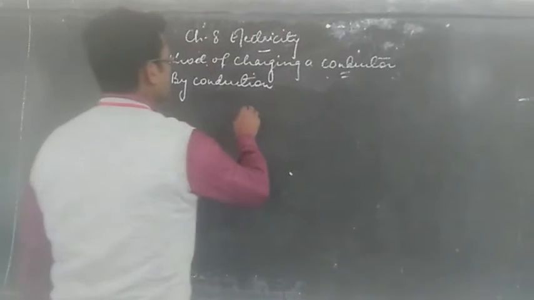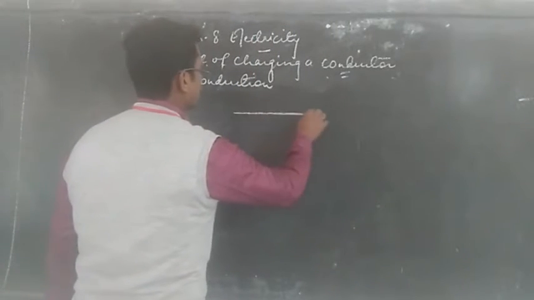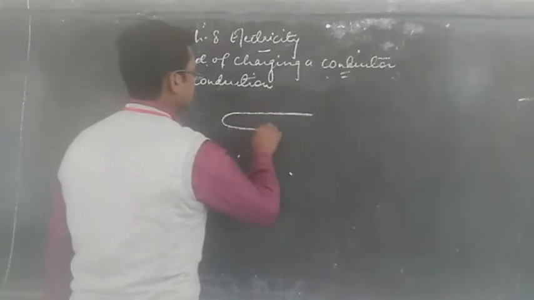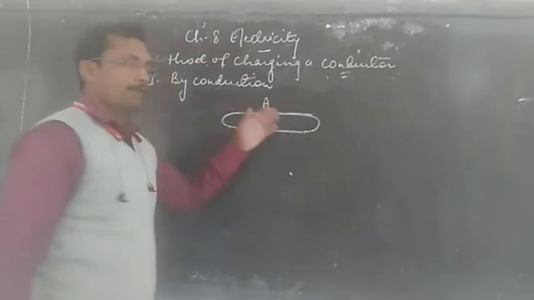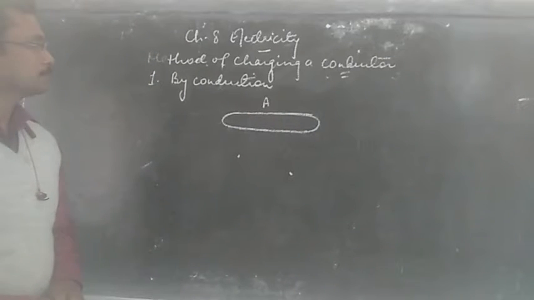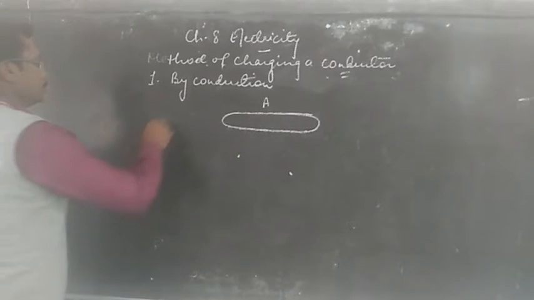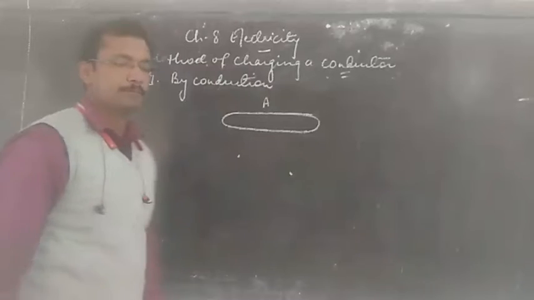Let us suppose this is a conductor A that we want to charge, and suppose we want to charge it with positive charge.